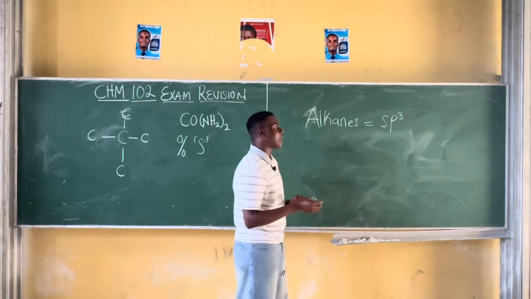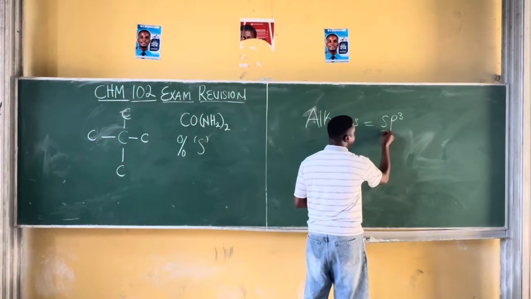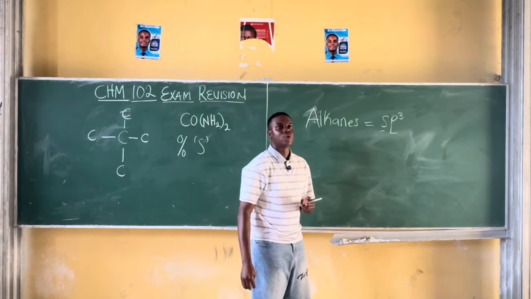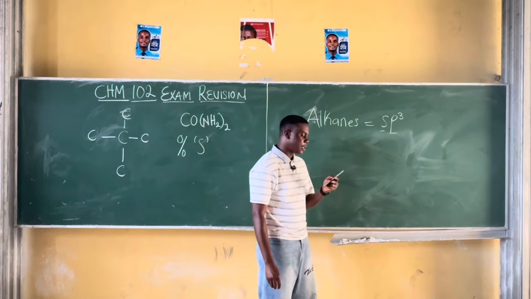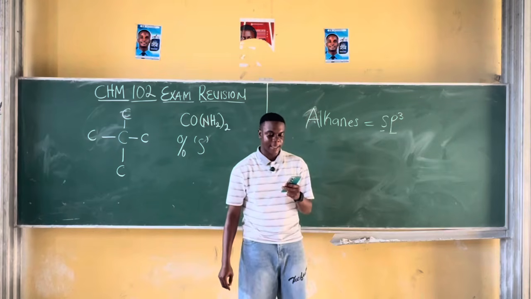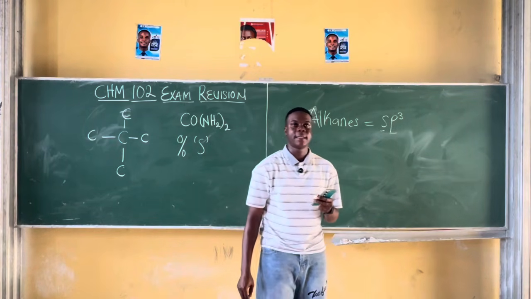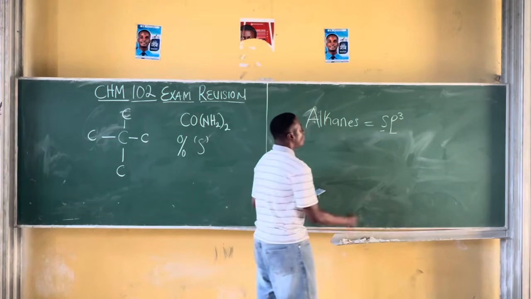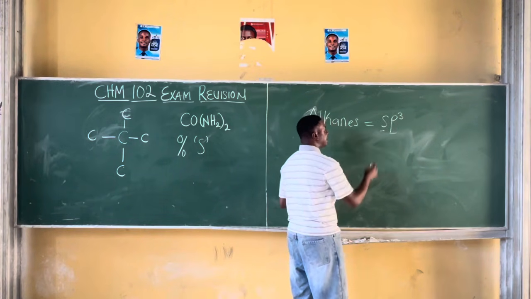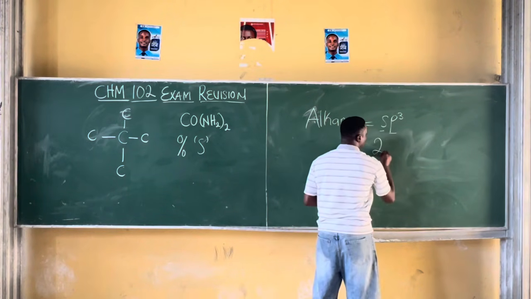Now that means that we have a combination of 1s and 3p orbitals, right? So from the options there, you can see 20%, 33.3%, 25%, and 50%. Now, because we are having 1s and 3p orbitals, the percentage S character becomes what?